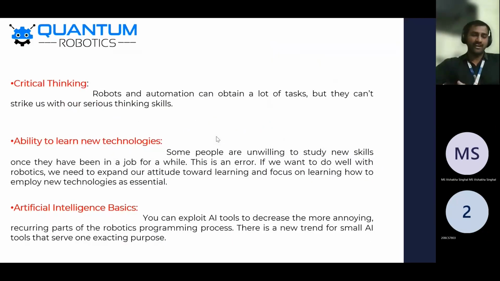And yeah, artificial intelligence basics. The student has to know the basics of artificial intelligence when he is going to work on robots. Our brain thinks and works according to our instructions.